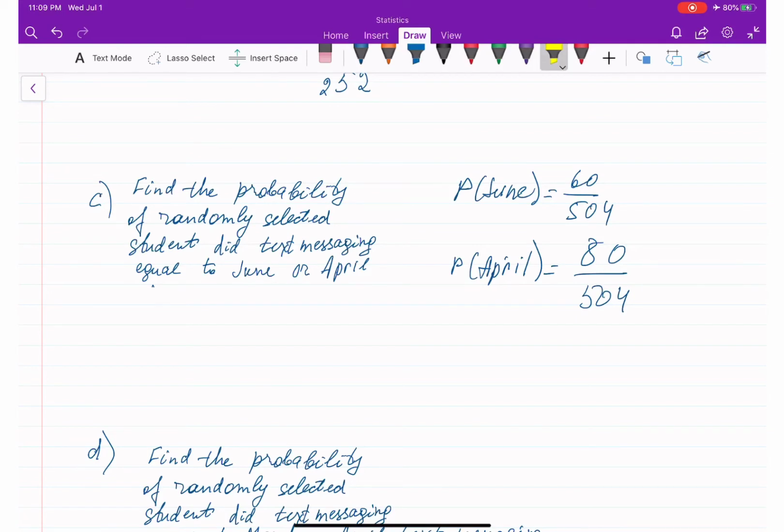See, it says June or April. Remember when I told you when two probabilities connected with and, then it's multiplication. If they are connected with or, then it's going to be addition.